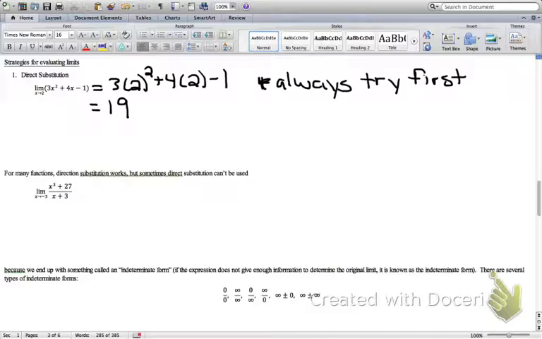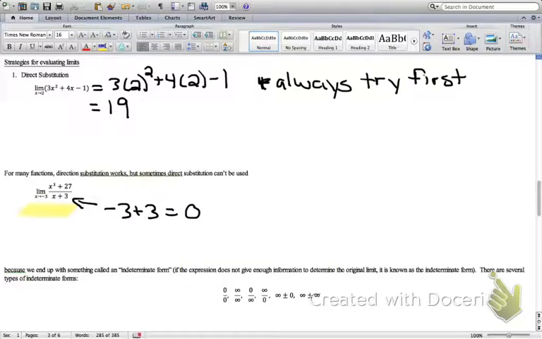So for many functions, direct substitution works, but sometimes direct substitution can't be used. So looking at this limit here, the limit of x cubed plus 27 all over x plus 3 as x approaches negative 3. We can't use direct substitution here, because if we look at the denominator, if we just sub in negative 3 plus 3, that's going to be equal to 0.